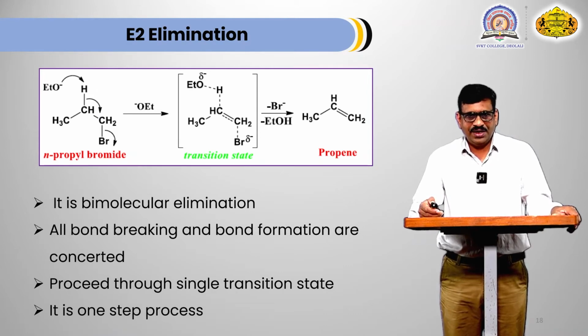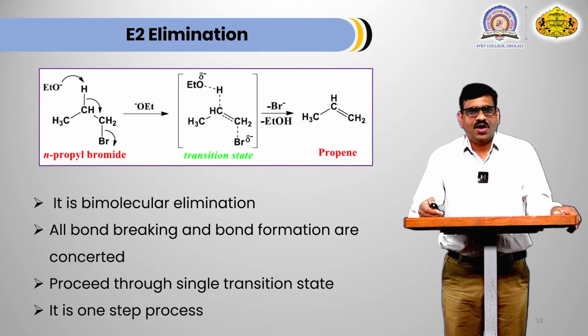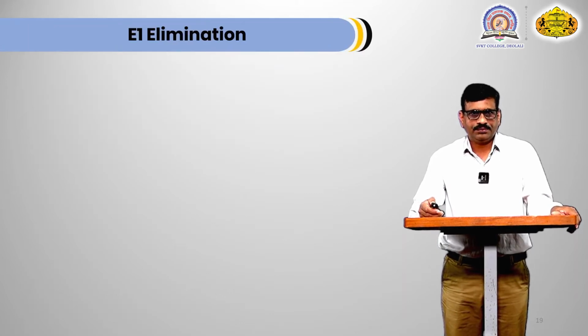It is a bimolecular reaction, that is, the rate of reaction depends upon the substrate as well as the base. The concentration of substrate as well as the concentration of base affects the rate of the reaction. All bond breaking and bond formation take place simultaneously. That's why it is a concerted mechanism. This reaction proceeds through a single transition state and it is a one step mechanism.